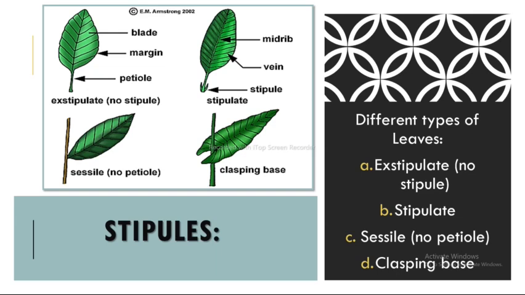Second figure, you can see this is stipulate condition because stipule is present. This is midrib, vein and stipule. In the third figure you can see this is a sessile condition with no petiole. It means petiole is absent. So this is sessile condition. In the figure D you can see that this is a clasping base.